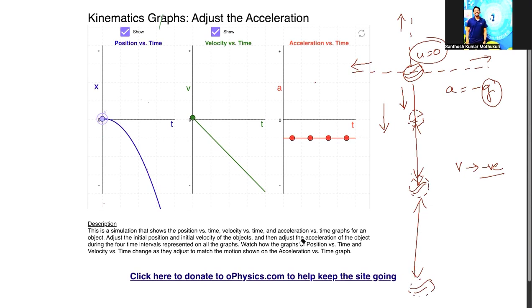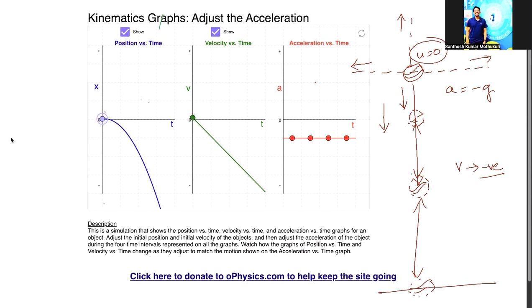So in the same example, if I take that the ball is hitting the ground at a particular position and rising up, what would happen to the acceleration? Acceleration is anyway negative g, but here the ball is hitting the ground. I cannot show this on the simulation, but I'll show you here.